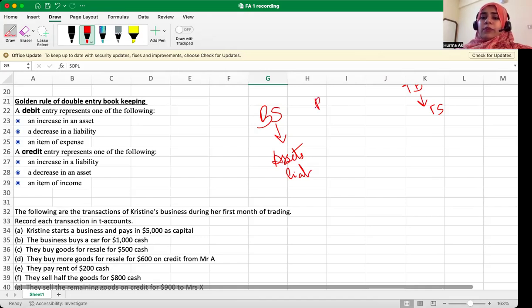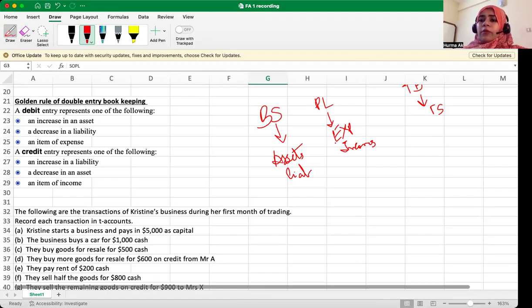And in your statement of profit and loss, there are going to be accounts like expenses, and there are going to be accounts like incomes. Several types of incomes and expenses. We will have different categories, isn't it?